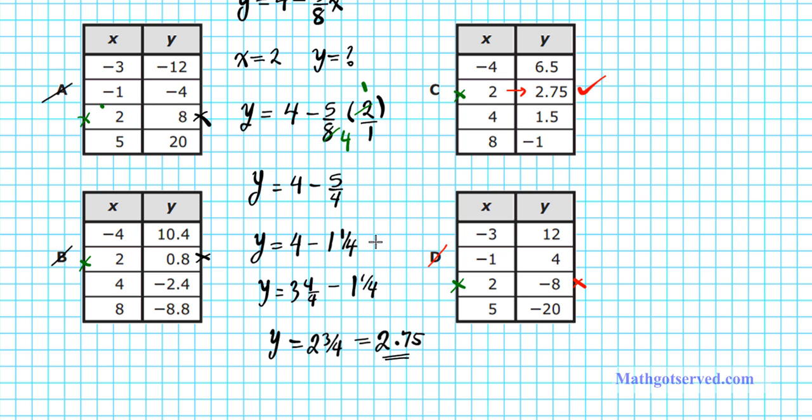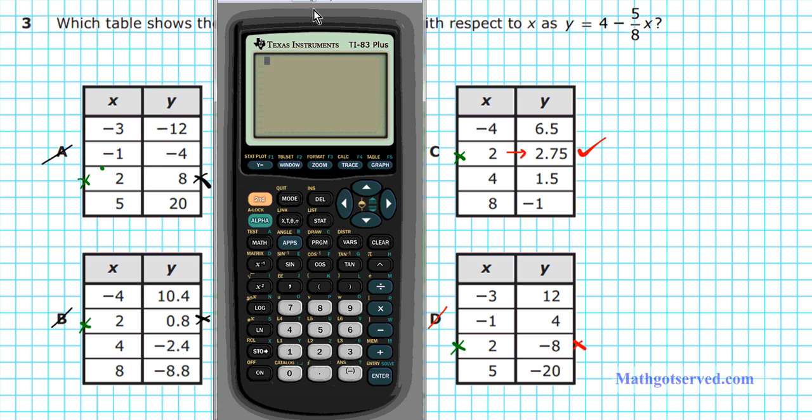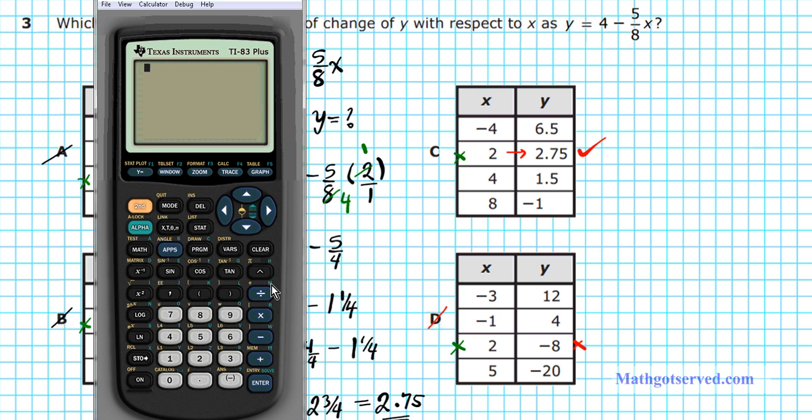If you don't like this method I used right here, remember you're free to use a graphing calculator on your assessment. So we're going to make use of a TI-83 plus calculator to do exactly the same computations that I just carried out here.